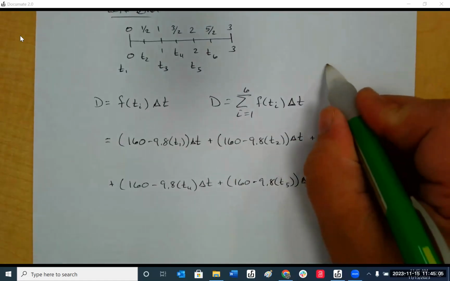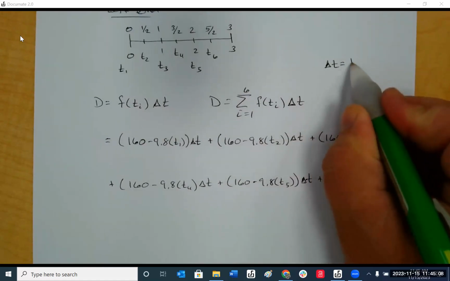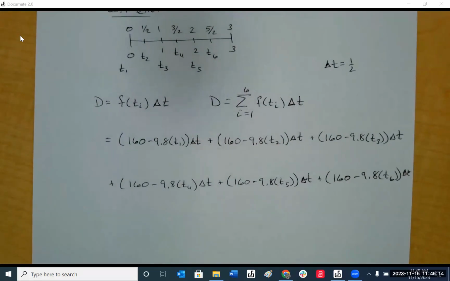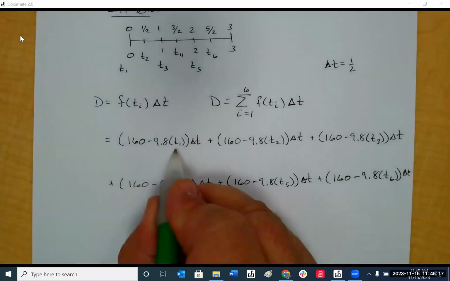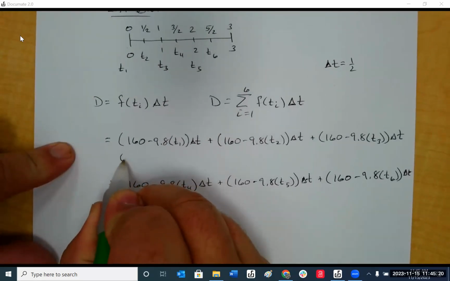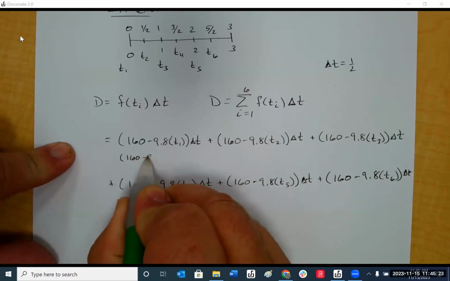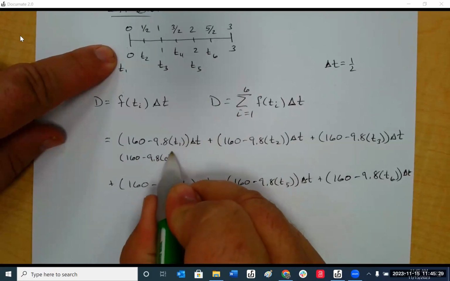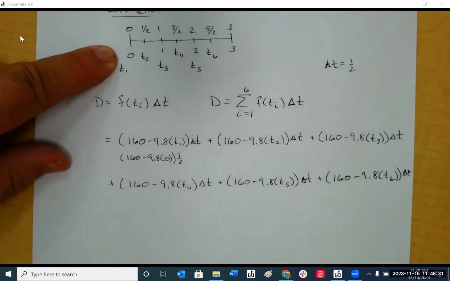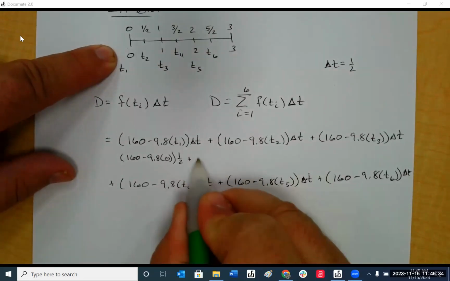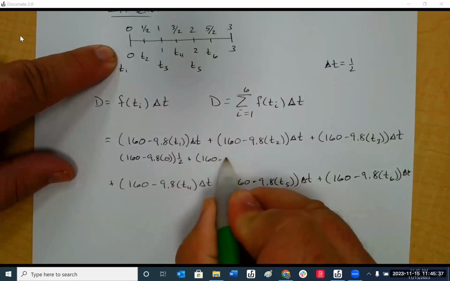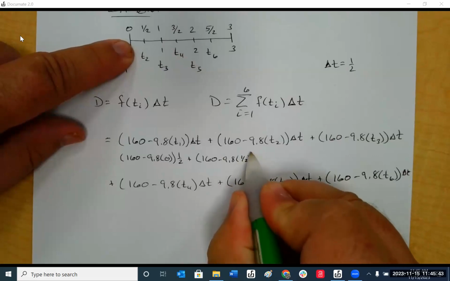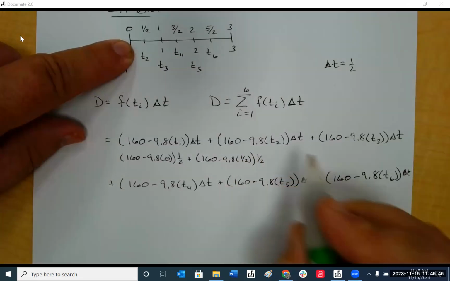So what is delta T? It's 1/2, because from 0 to 1/2 is 1/2. And for the first one, since we're doing the left side, T1 is 0 times 1/2. T2 is 1/2 times 1/2.